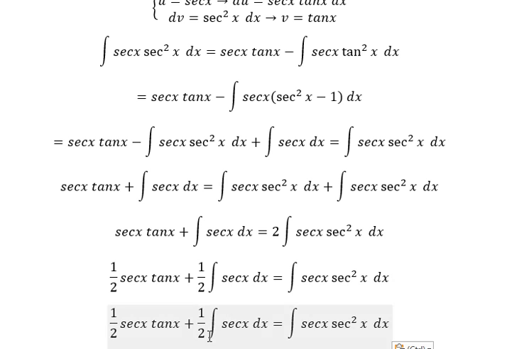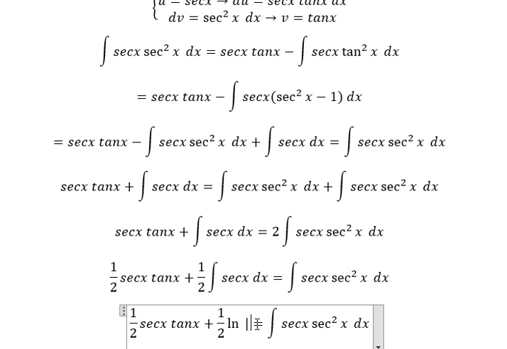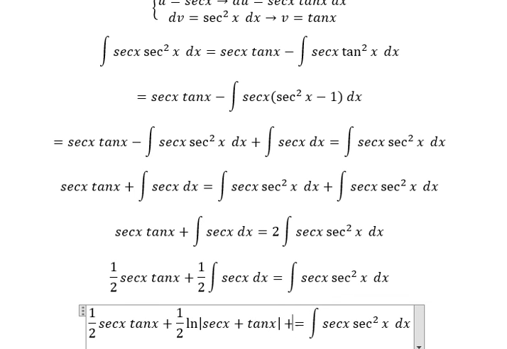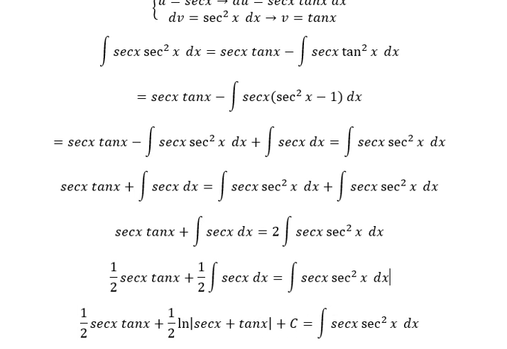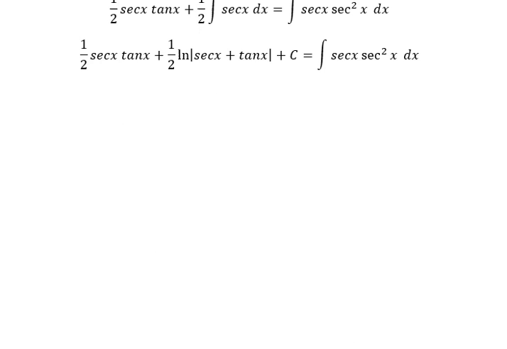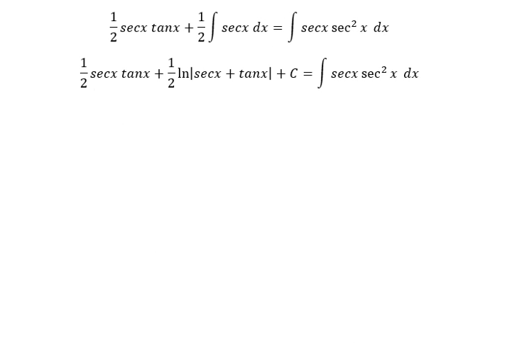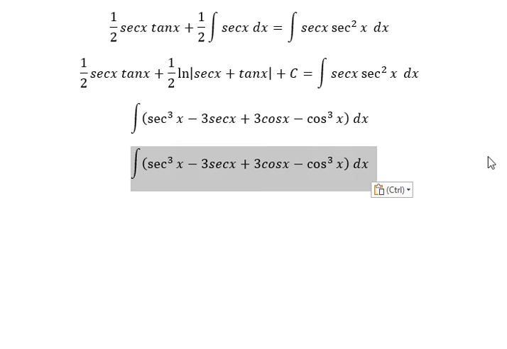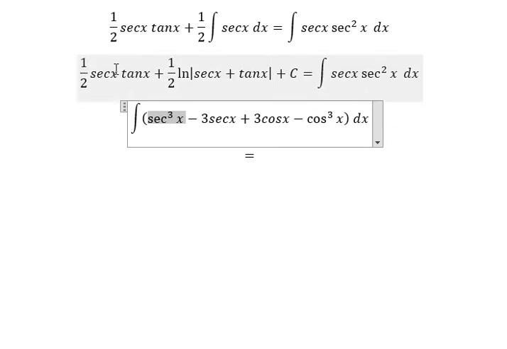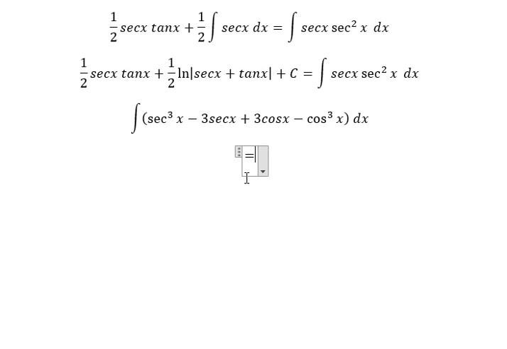Next, the integration of this one, we have ln of the absolute value of secant of s plus tan s, and I will put c. Now we go back in here. So the integration of this one, that is about this one.